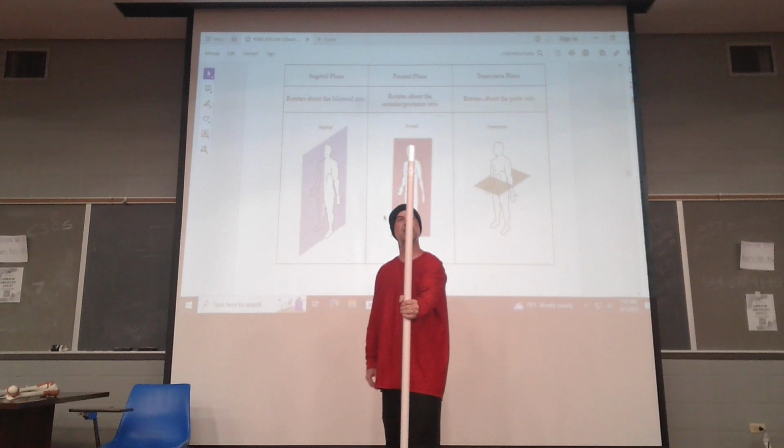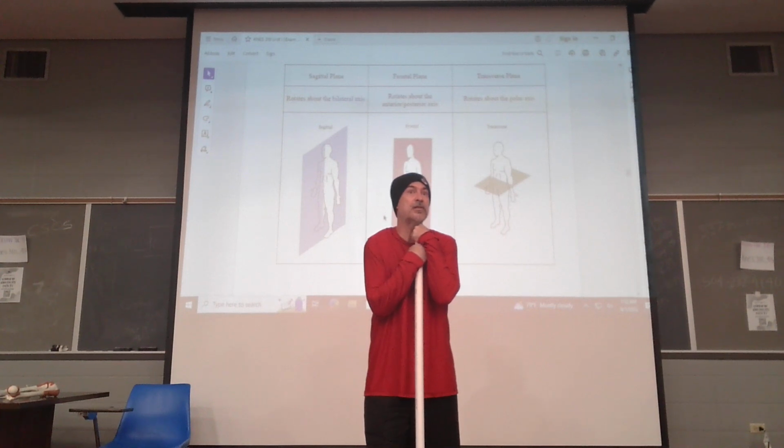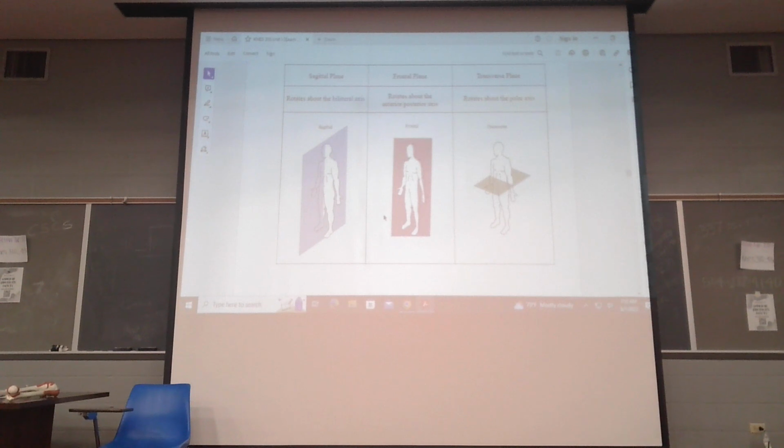It's going up and down, but is it rotating? Is it spinning? And I know this is why I set you up for that question, so that you don't miss it on the test. That's one of our limitations, because this never moves. So it makes sense you want to say, well, that's in the sagittal plane, or this is in the frontal plane. Look how it could go with either.